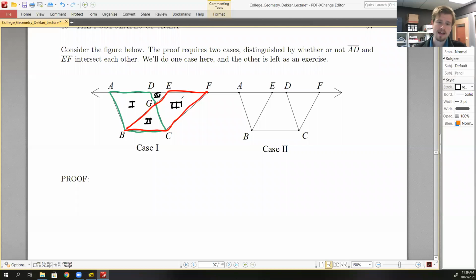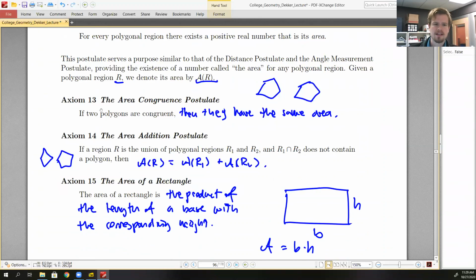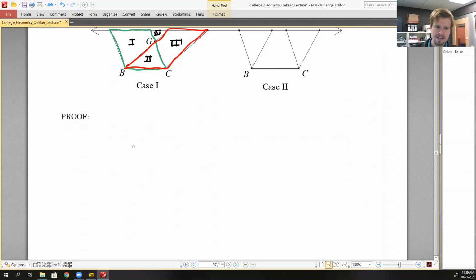And we will use that idea. So we can get that these two triangles are the same, and once we have that, then this area and that area, 1 plus 4 and 3 plus 4 are the same based on what we looked at in the previous video, that if two polygons are congruent, then they have the same area. So we'll use that. That's the idea.